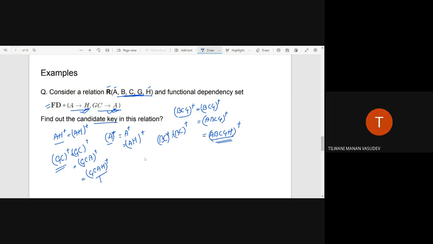You can try GH. What will we get from GH? GH itself, and nothing else. We won't be getting any other attribute, right? So GH is also not a candidate key because it is not determining all the attributes. Any other attributes anybody would like to try?